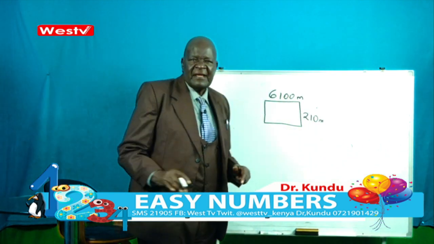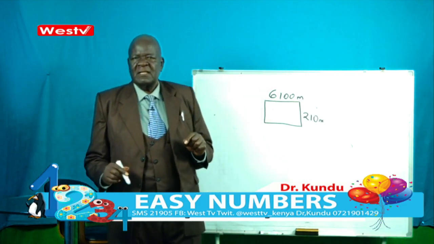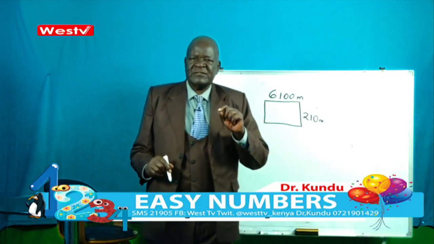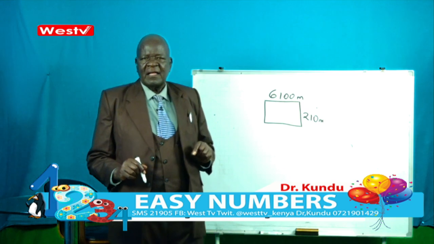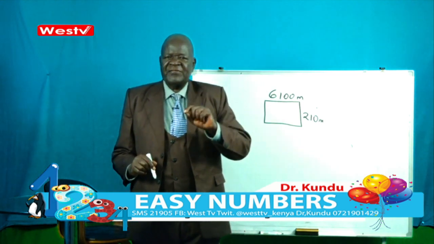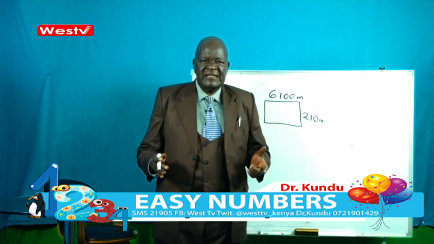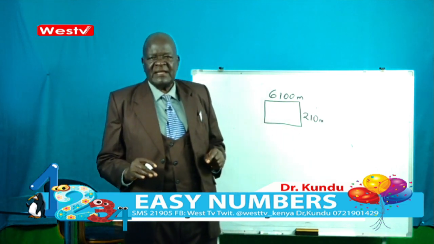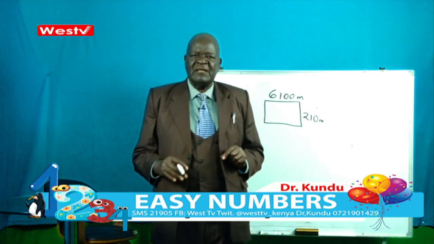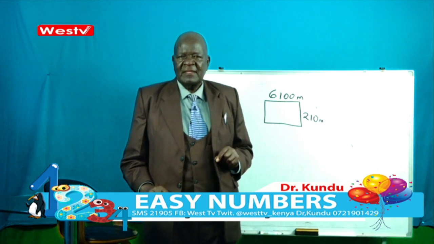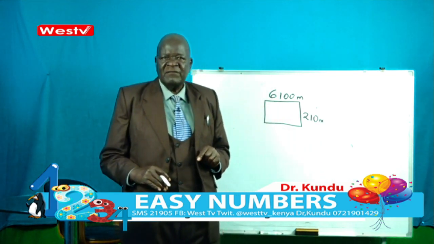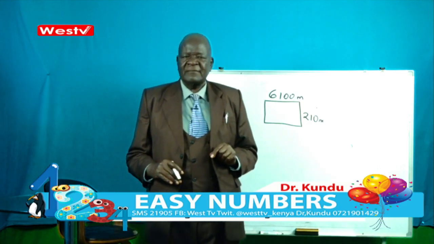What is the area of a rectangular field whose length is 6,100 and the width is 210? The untrained is going to see this as a very, very large problem. And yet the trained one sees it as a very, very small problem.